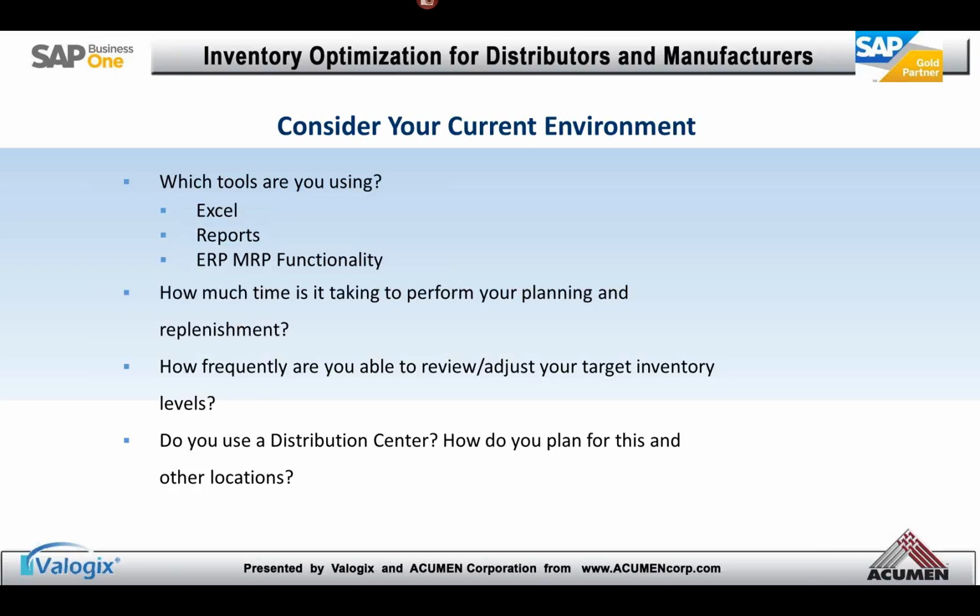What I honestly find today, most organizations are using Excel. And I'm still amazed at some organizations, how big they are. Some organizations I've worked with have multi-billion dollars in annual revenue. They're doing their planning on Excel.